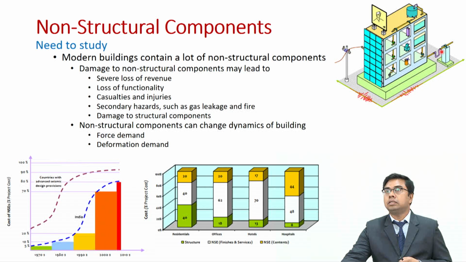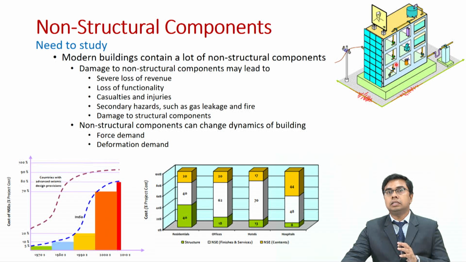We have gas pipeline coming into the building. We have the electrical line coming into the building, and at the end of the day it was election time in the region, and some politician also put the portrait over here as a hoarding. So, all of these are non-structural components in the building.